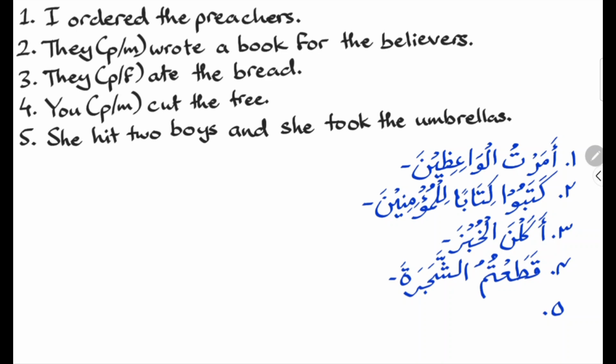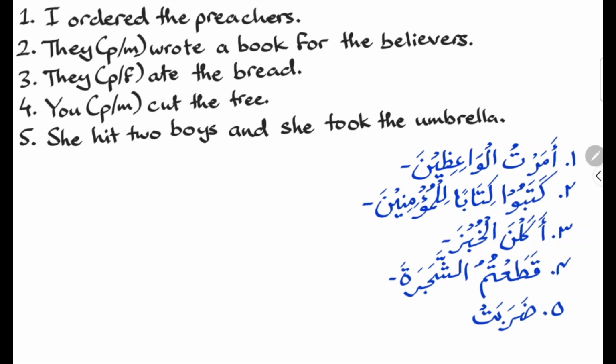She hit 2 boys and she took the umbrella. Let's make it the umbrella, just singular. So anyways, she hit 2 boys. She hit is darabat, on the wazn of fa'alat. Darabat, because that's wahid muannath ghaib.